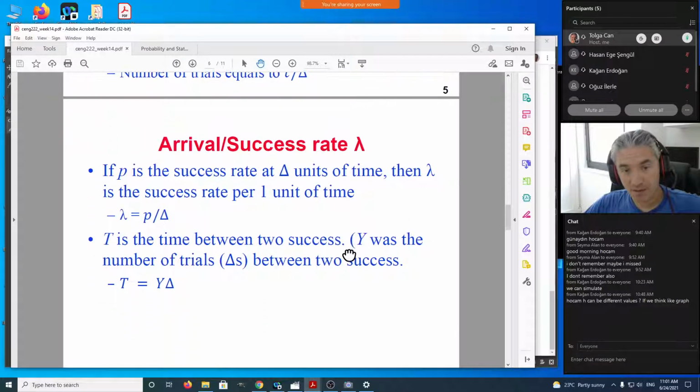And when we talk about lambda, now we are going to take all these things like the success rate and the interval. So now we are going to jump to the Poisson process, where this delta is going to get smaller and smaller. In a Poisson process, the time is continuous, so delta is going to be infinitely small, which also makes p infinitely small. For example, if four buses arrive every hour, the probability that a bus arrives in the next second is going to be very small, right?